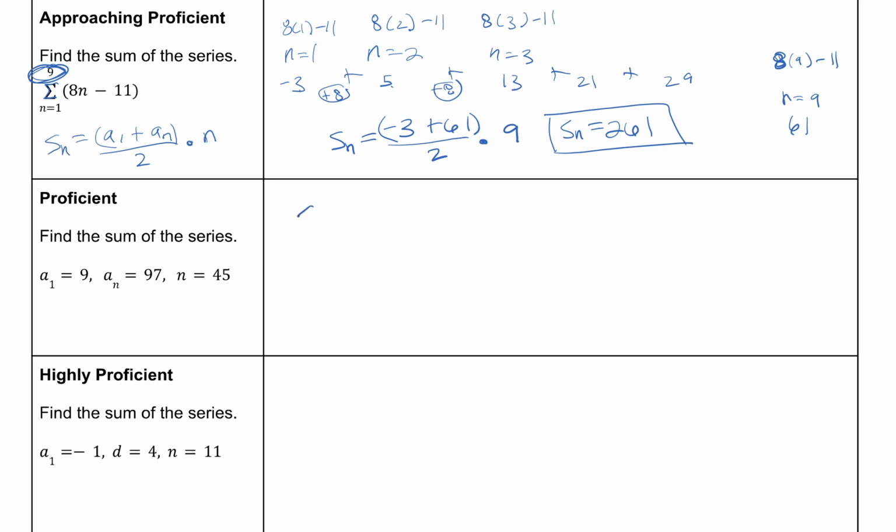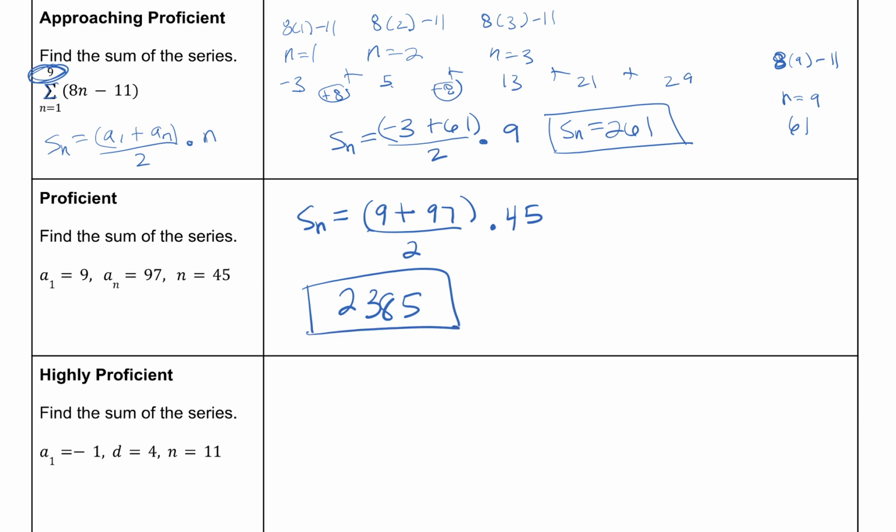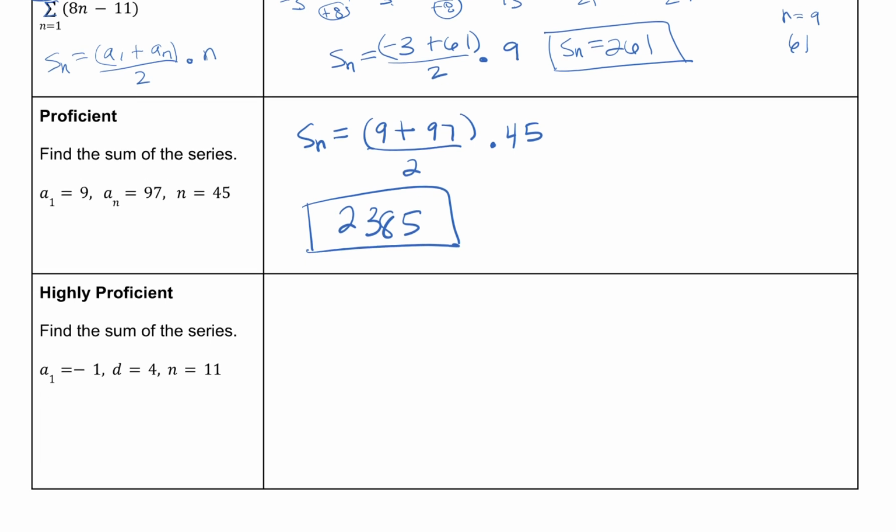So the sum on this one, remember we do the first plus the last, divided by 2 times 45, because that's what n is. So 9 plus 97, I get 106, divided by 2, 53 times 45. And you get 2385. I'm not going to write out all 45 terms.